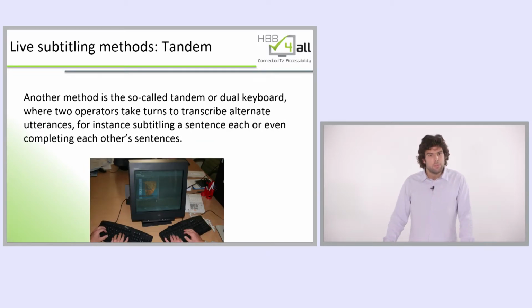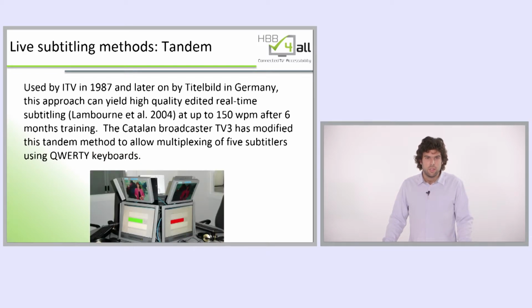Another method is tandem or dual keyboard, where the two operators take turns to transcribe alternate utterances, for instance subtitling a sentence each or even completing each other's sentences. Another similar method is the tandem, but a 5-way tandem, which I will show in a second. The first tandem, the 2-way tandem, was used by ITV in 1987 and later on by Titelbild in Germany.